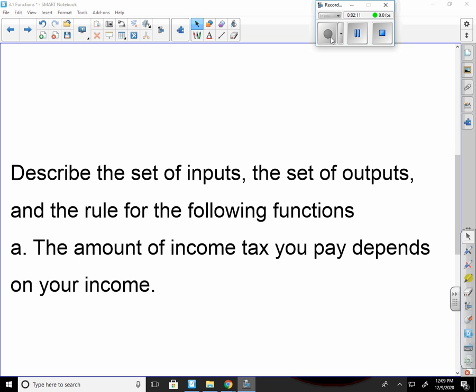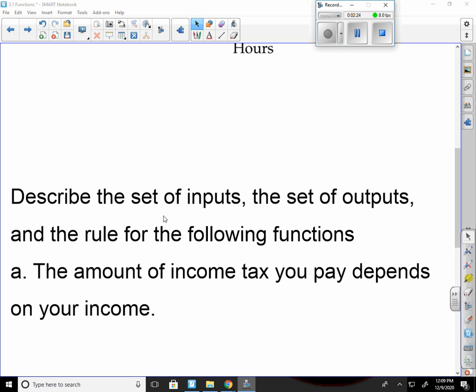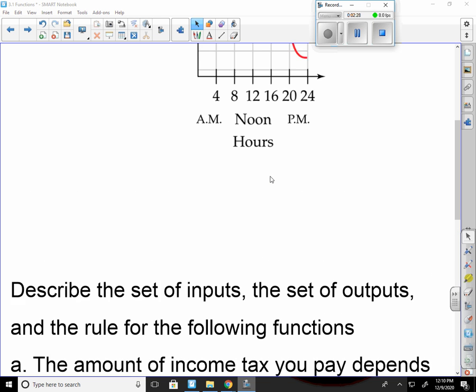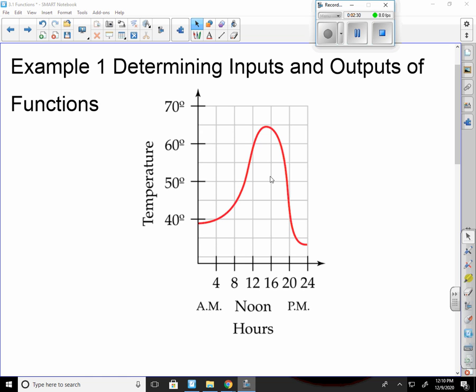First, we're going to describe the set of inputs, the set of outputs, and the rule for the following functions. That's not part of the first question. I apologize. All right. For this one, what would be our inputs?